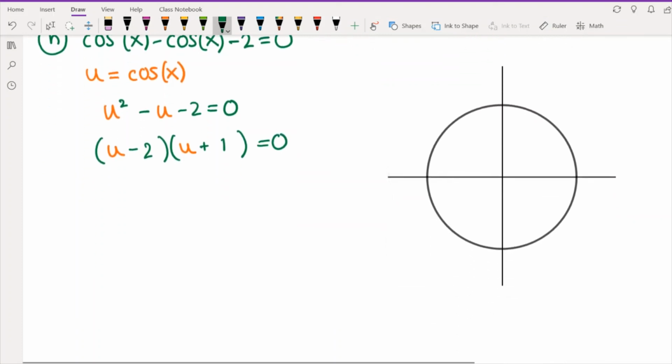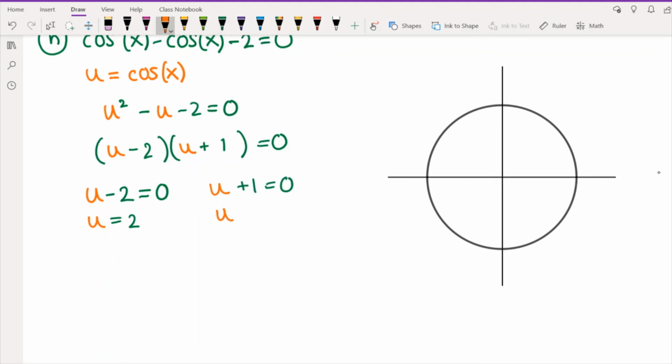You can go back to cosine at any stage, but if you want to, you can still go from here and say, okay, u minus 2 is equal to 0, and so u is equal to 2. And then over here we have u plus 1 is equal to 0, and that would give us u is equal to negative 1.